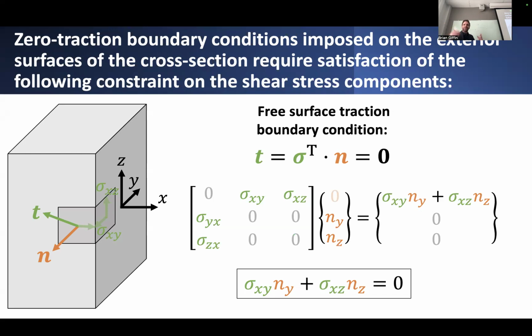And to do that, again, we have to enforce some boundary conditions. And clearly, if we have some long prismatic section, and we're assuming we're not applying any external tractions on the boundary or the edges, the exterior boundary of this prismatic bar, it's basically tantamount to saying that the exterior traction on these outer edges has to be equal to 0.